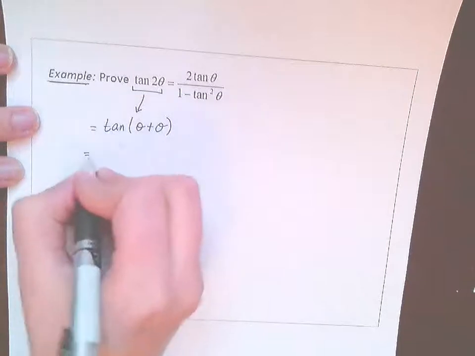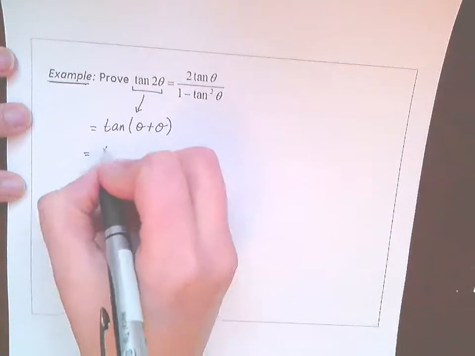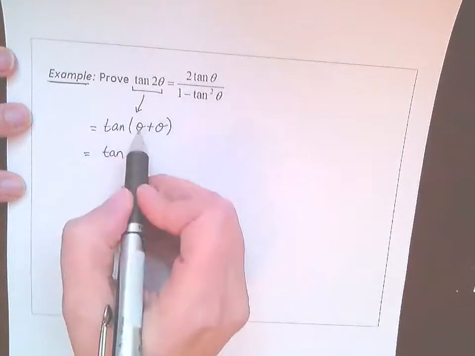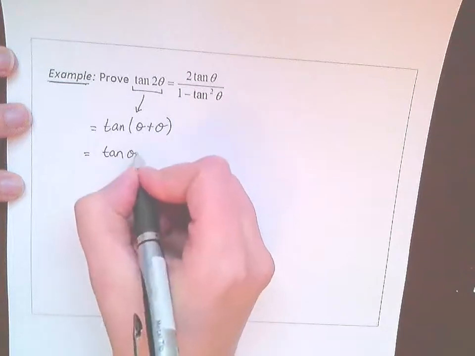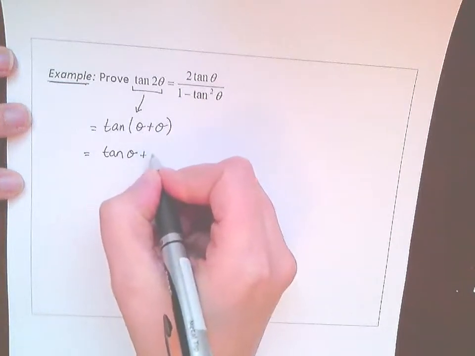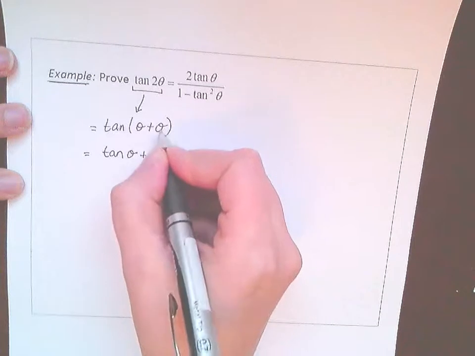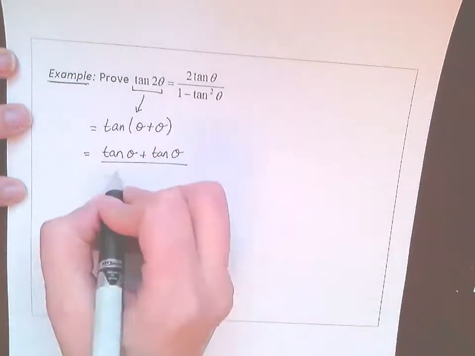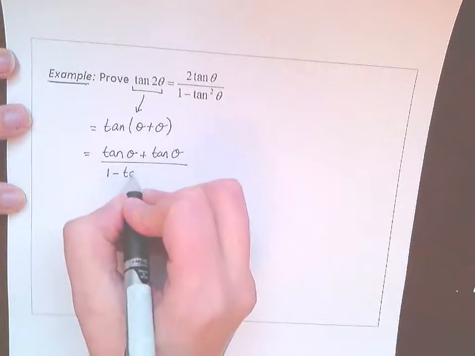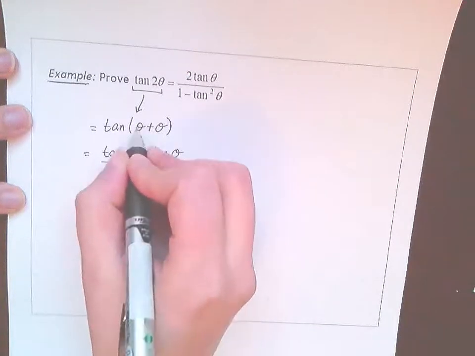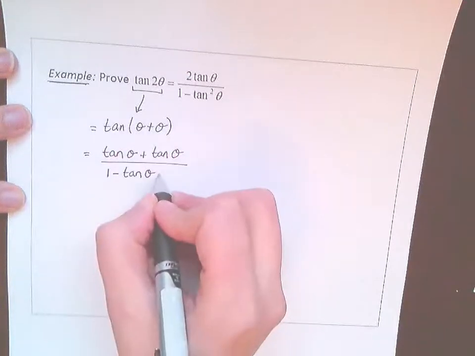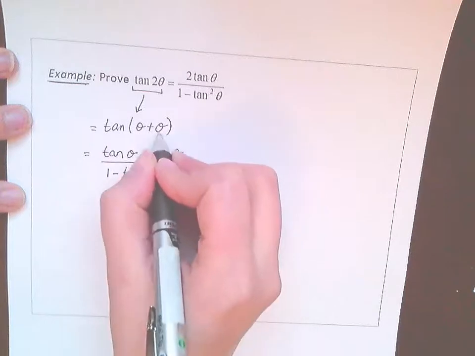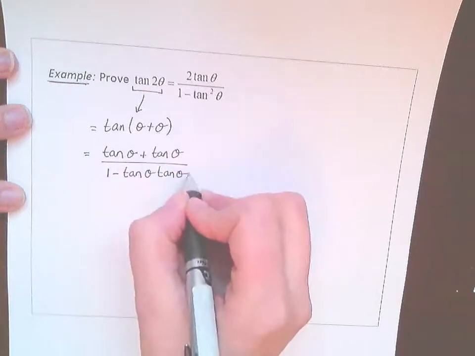So this ends up equaling tangent, whatever our alpha is, which in this case is just theta, plus tangent, whatever our beta is, which in this case is theta, over 1 minus tangent of alpha, which in this case is theta, times tangent of beta, which in this case is theta.